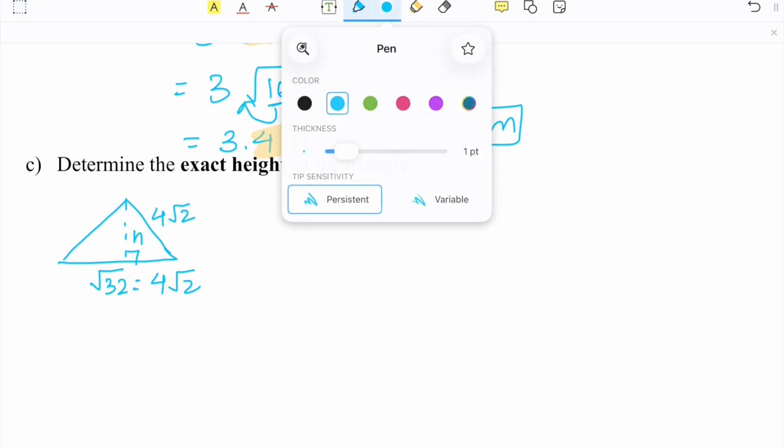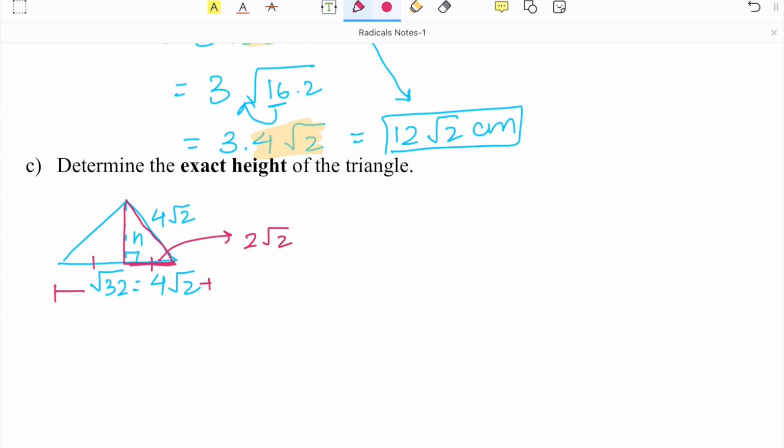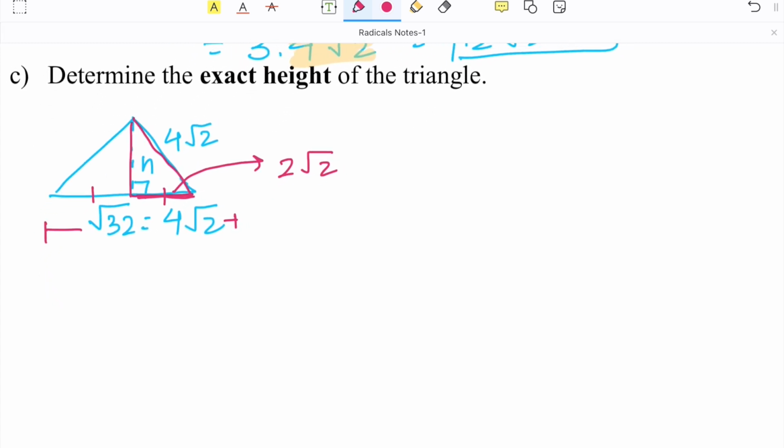So we're looking at this piece over here of our triangle, right? This and this side is equal. Because they're equal and the total is 4 root 2, I can figure out this side. This side will just be half of 4 root 2, which is 2 root 2. So now applying the Pythagorean theorem to this, h squared plus 2 root 2 squared is equal to 4 root 2 squared. Does that make sense?